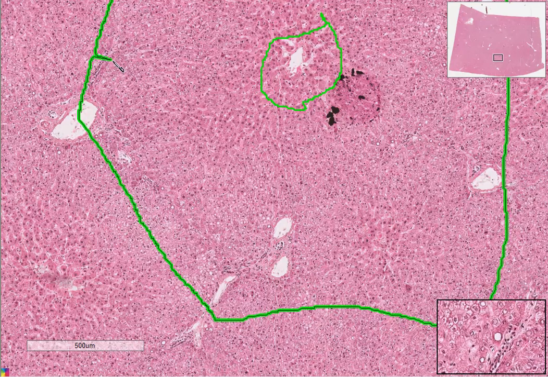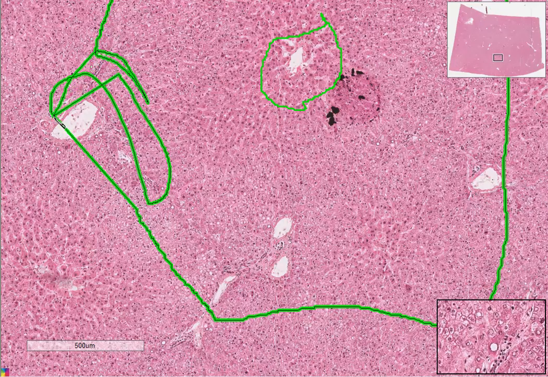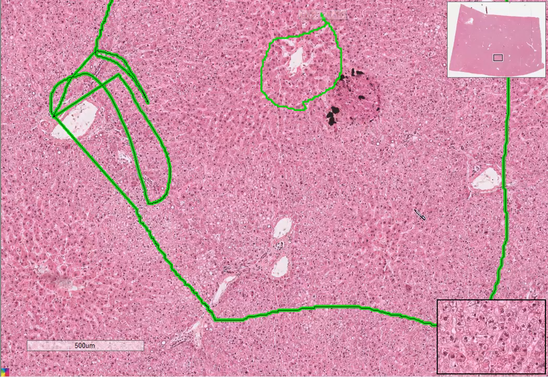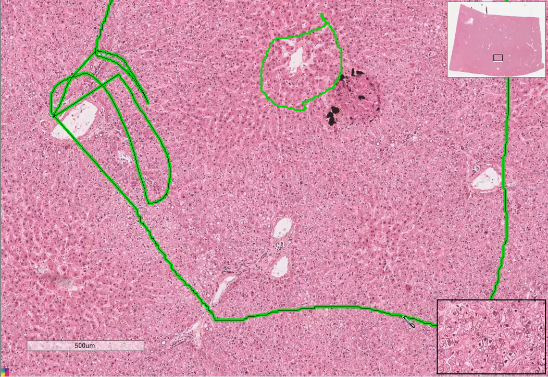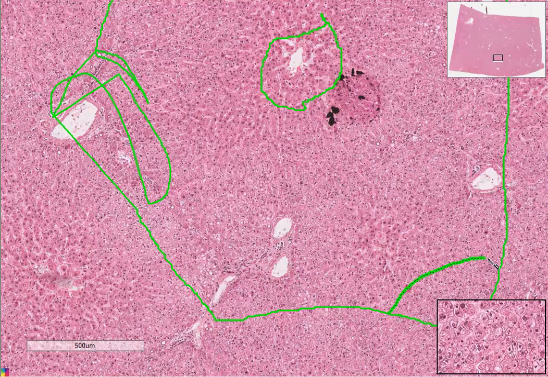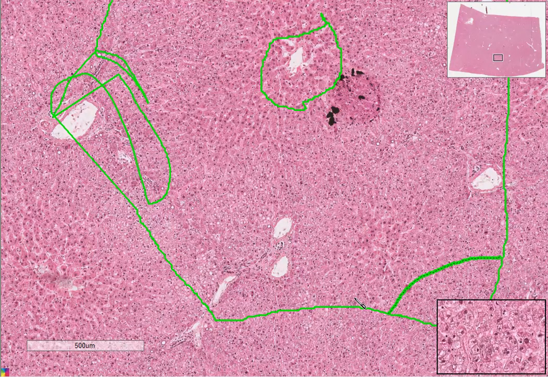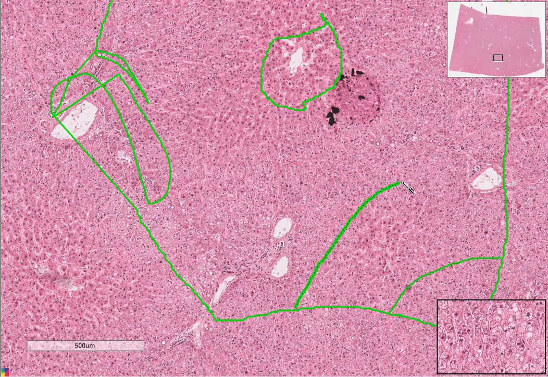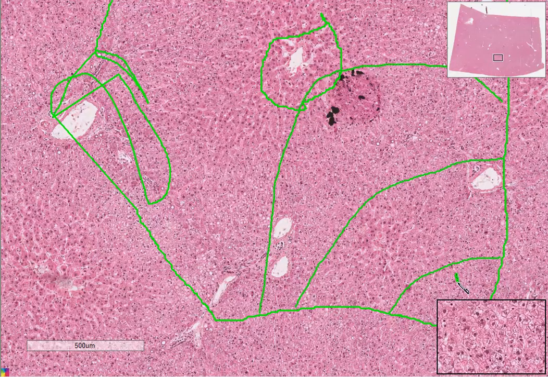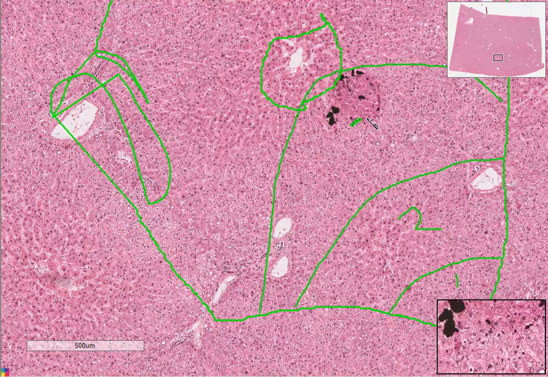Closest to the portal triad we have zone 1, and then we have another zone between zone 1 and zone 3, which is zone 2. And then closest to the central vein, we have what we call zone 3. So this is zone 1, this is zone 2, and zone 3.